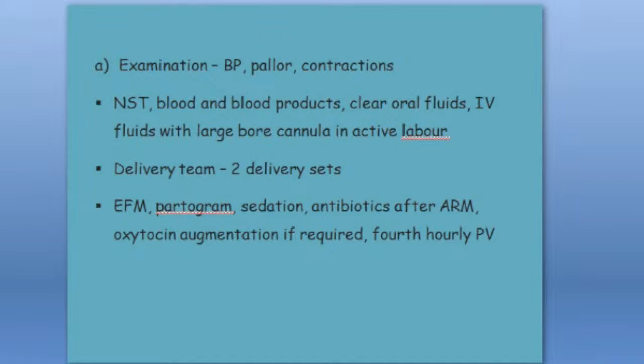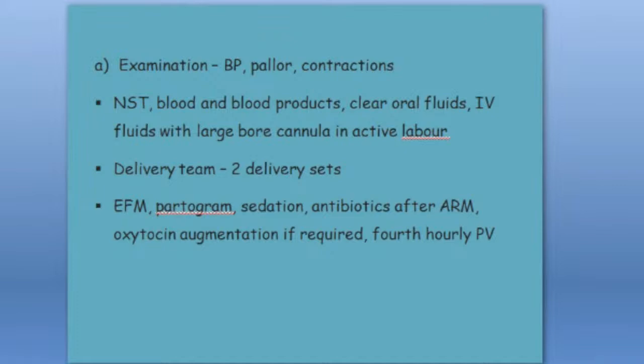There should be 2 delivery sets, and 2 neonatologists available. The other ancillary things are continuous electronic fetal monitoring. I'm just giving you the points that you should mention here. A partogram is very important. Sedation is important. Antibiotics after the artificial rupture of membranes when she is in active labor is important. Oxytocin augmentation if required.